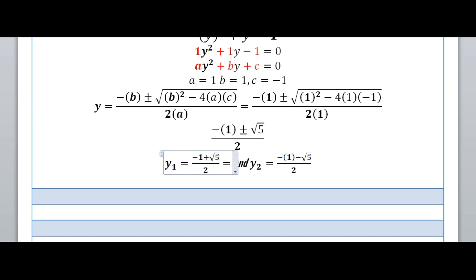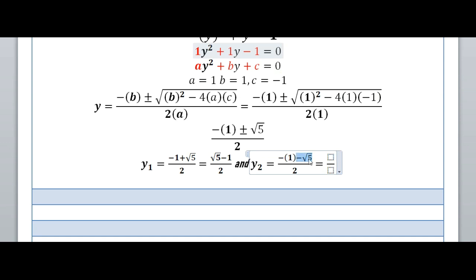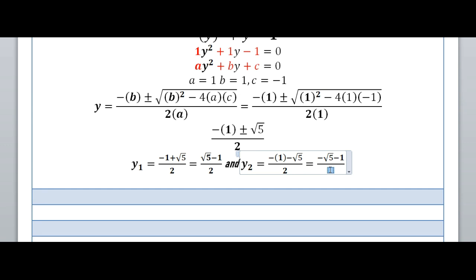If we rearrange, we start with the positive square root of 5, followed by -1, all over 2. So that is root 5 minus 1 over 2.